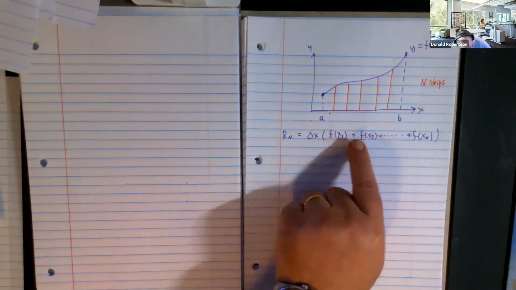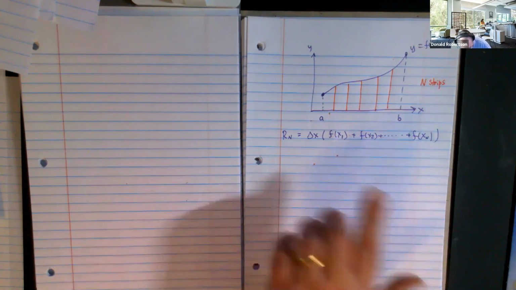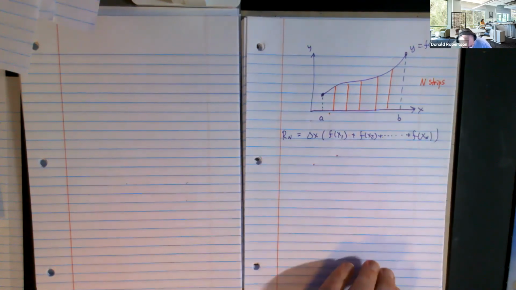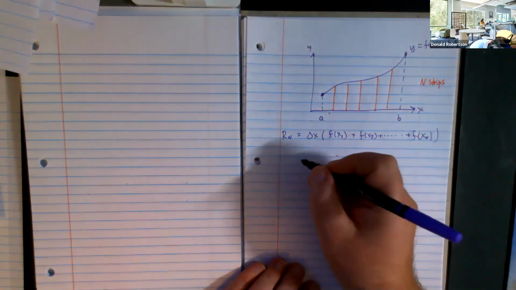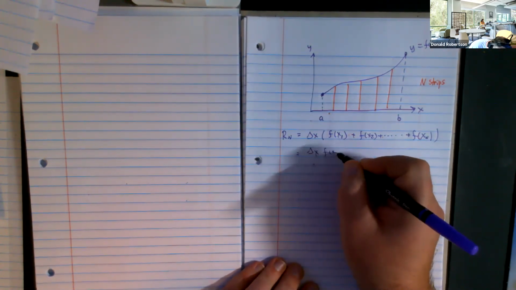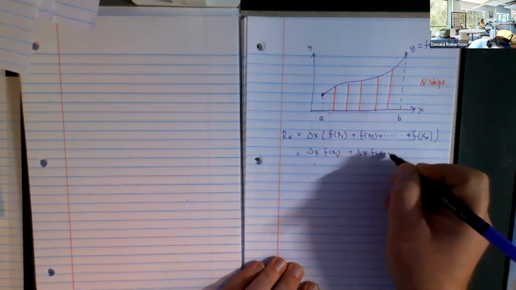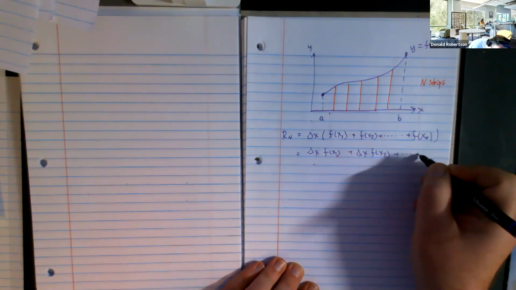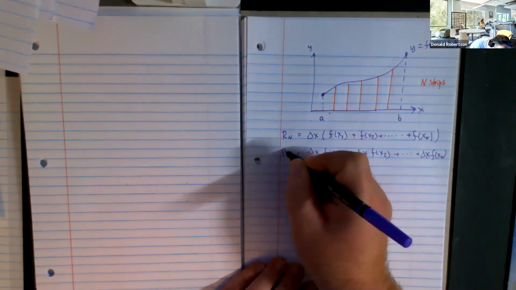And now what I'm going to do is I'm going to figure out what the heck these guys are. And in particular, I'm going to take this and I'm going to do it using sigma notation. Now, if you multiply all these things out, that is just another version of what Rn would look like in general.